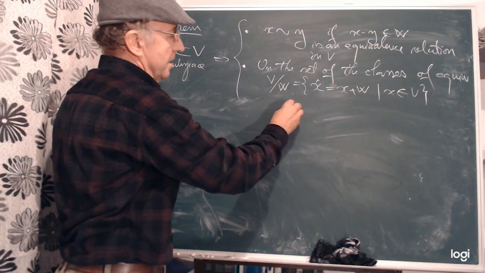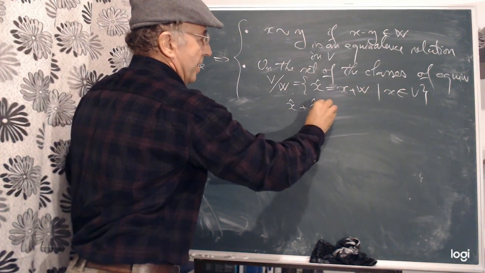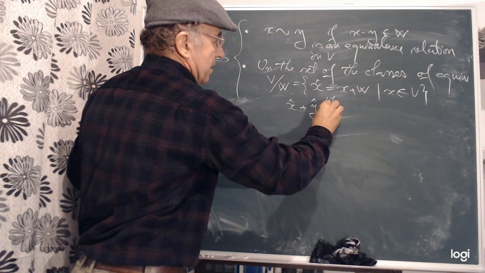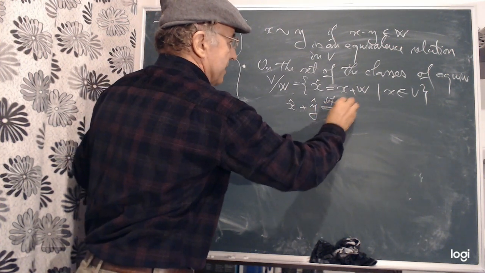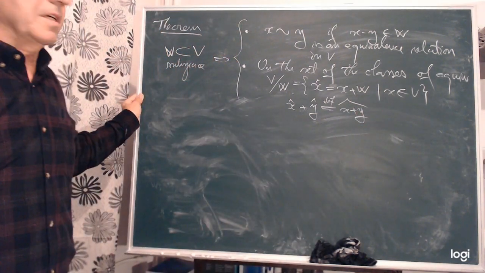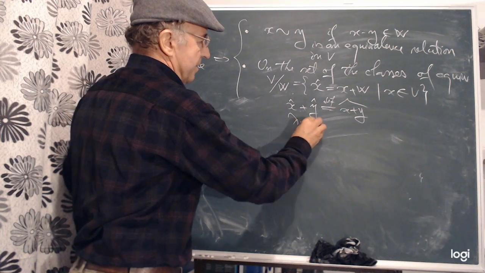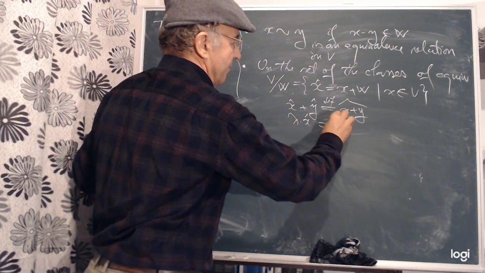The addition: class of x plus class of y is, by definition, the class of x plus y, which are elements from V, and lambda times class of x is the class of lambda x.